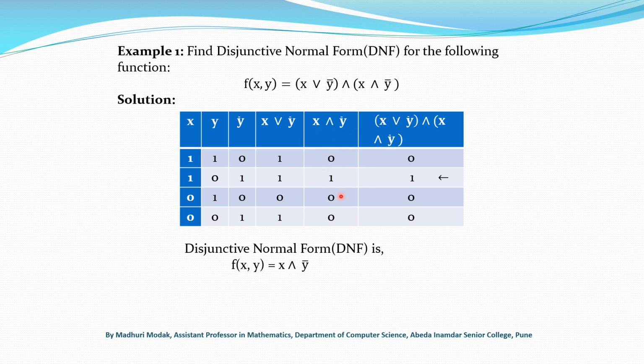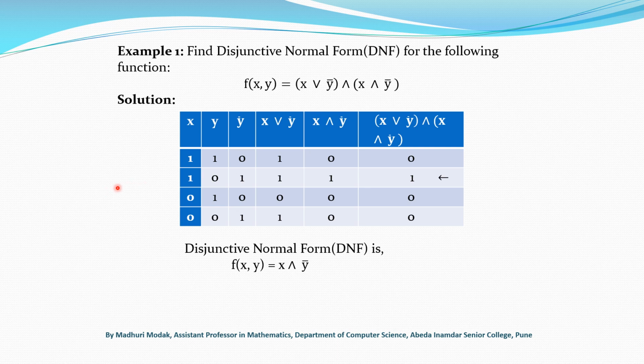Now while writing the DNF, we consider only the 1s in the last column of that table. Now by definition, DNF is nothing but join of min terms. So every min term is nothing but meet of the variables or their complements. Now to get this answer 1, both variables x and y must have value 1.